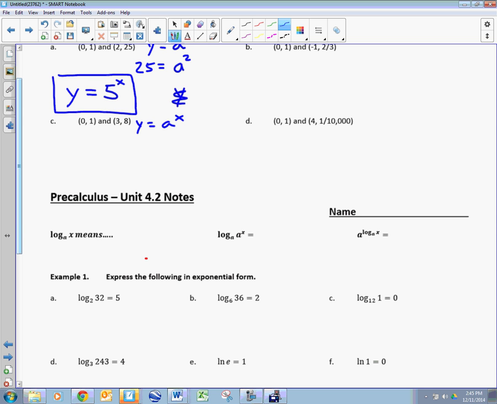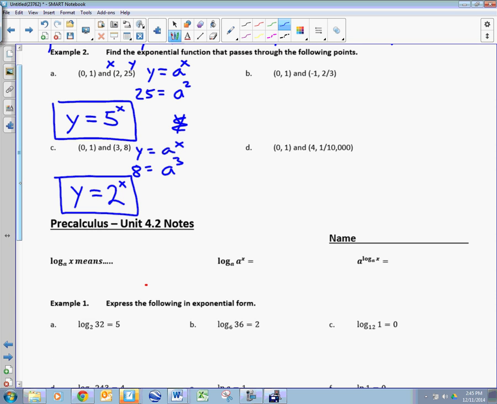See the difference? 8 equals a to the third. What number do you cube to get 8? 2. So therefore your function is y equals 2 to the x. Some of this will be reviewed from last year, and so I'll go more quickly through the stuff you saw last year, and I'll spend more time on some of the new stuff, which will be really Tuesday and Wednesday.